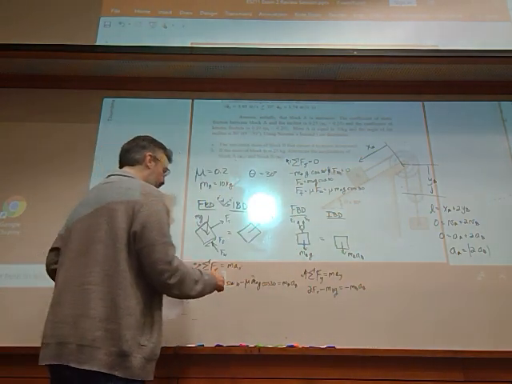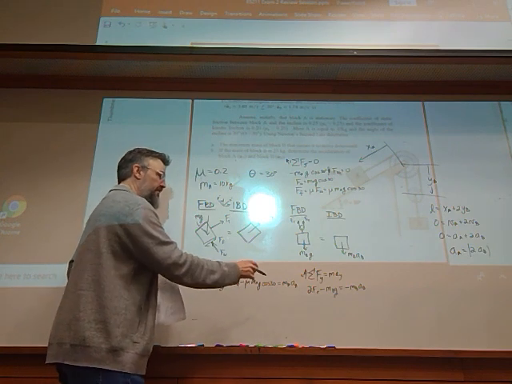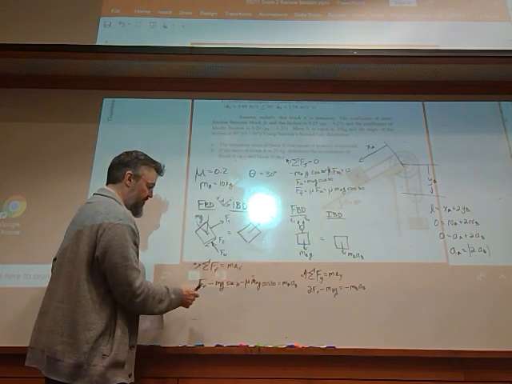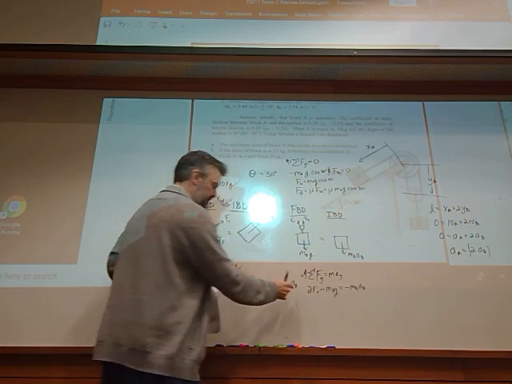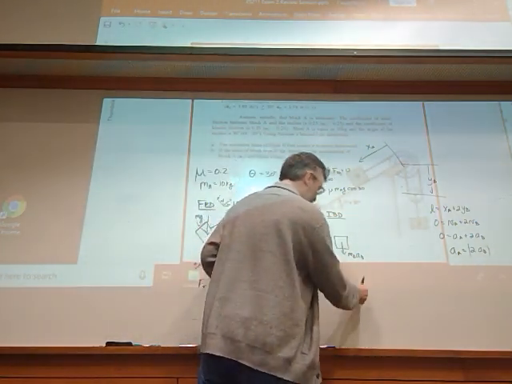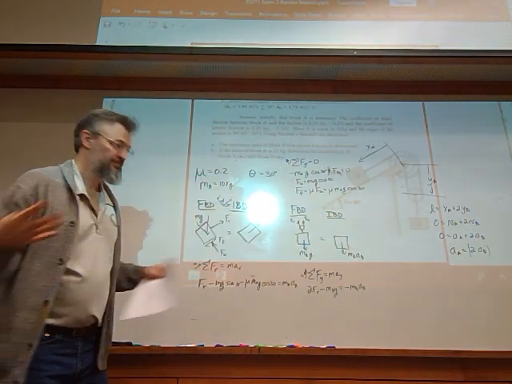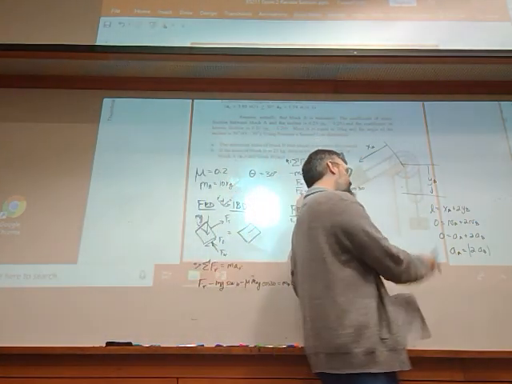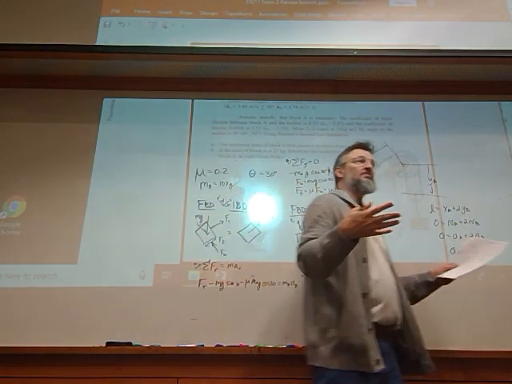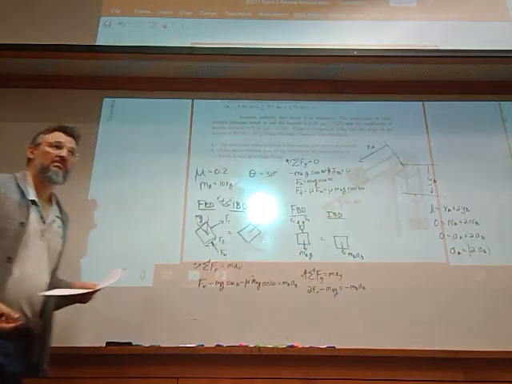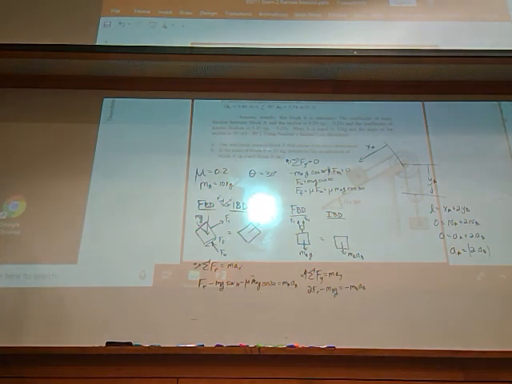And now we have 2 equations here, and the things we don't know are FT, AA, and AB. So we have 3 unknowns, 2 equations. Our third equation, we're able to solve the thing, right? And the rest is just putting numbers into it. You're totally capable of doing that.